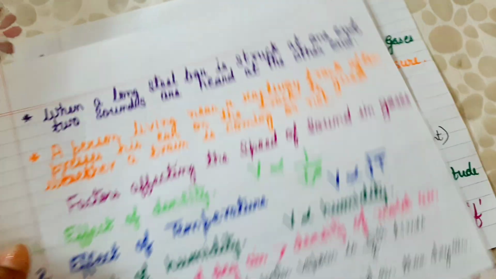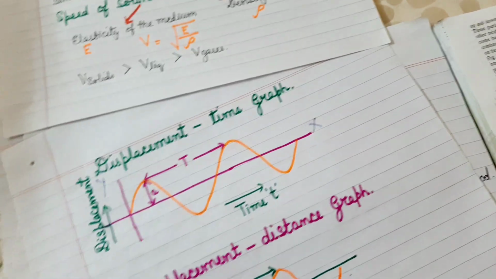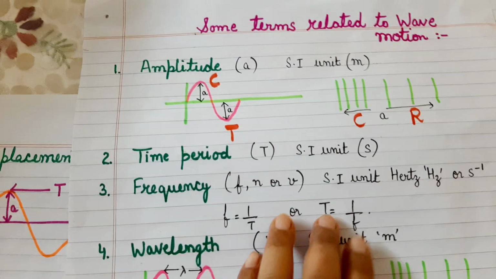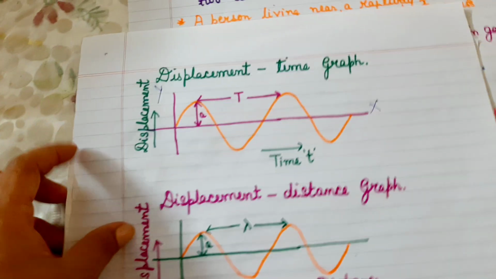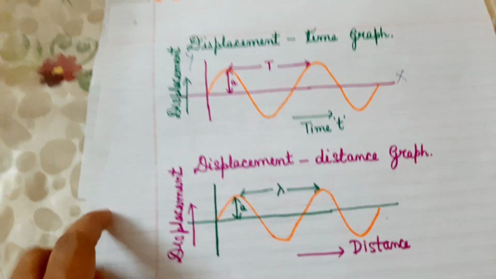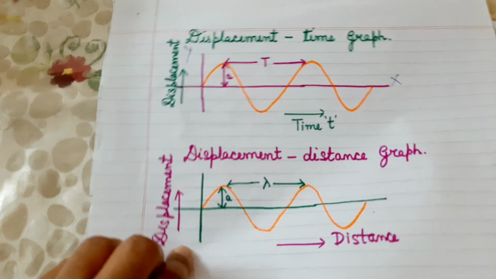So, I have covered all these topics with you. So far, I want you to have a quick recap of what we did. First of all, I discussed the different terms related to the wave motion of a particle. After that, I discussed the 2 types of graphs with you, the displacement-time and the displacement-distance graph.